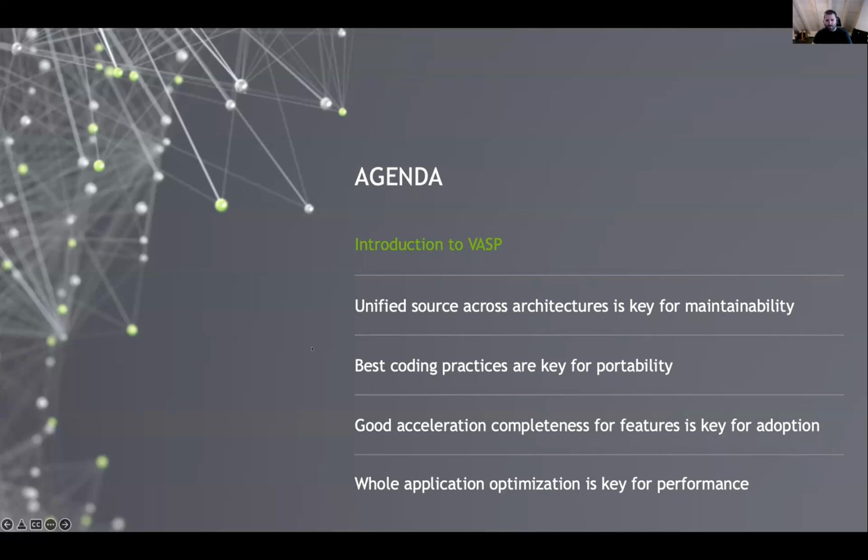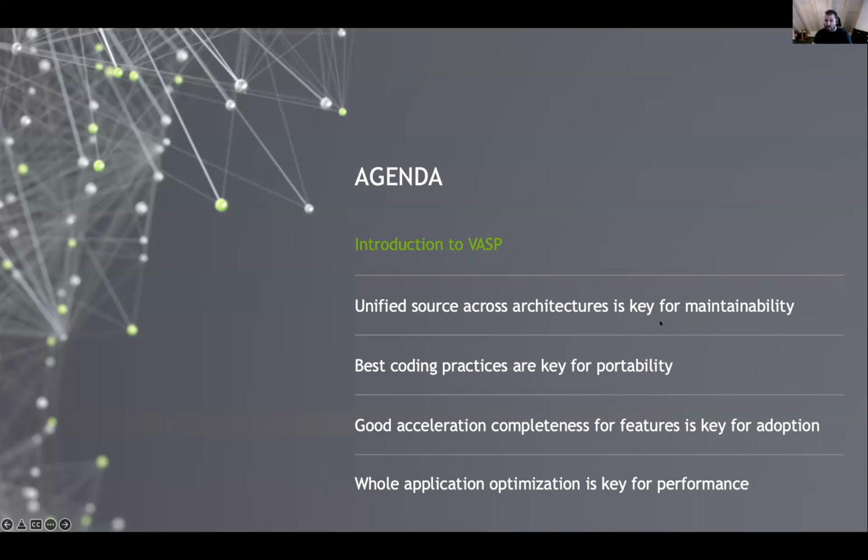The introduction to VASP will be pretty short because Phil basically explained everything, and VASP and CUDA kind of do the same thing, right? There are subtle differences in some regards, but that shouldn't matter too much for what we are concerned with. And then I have a couple of key lessons learned. Unified source across architectures is key for maintainability.